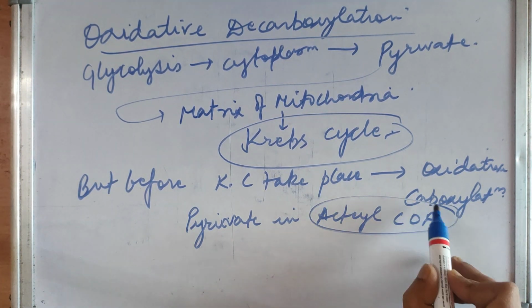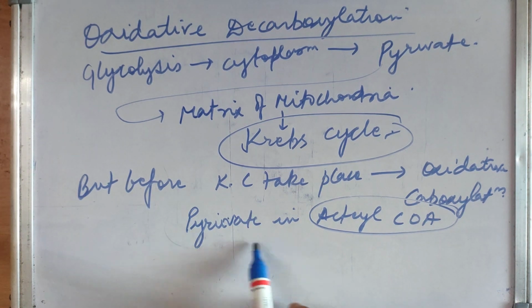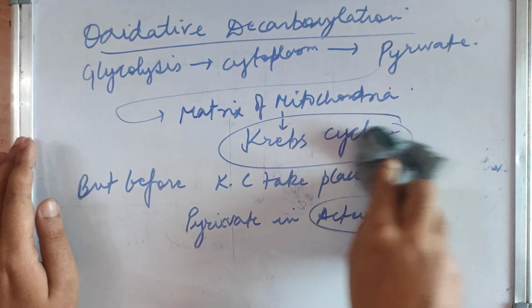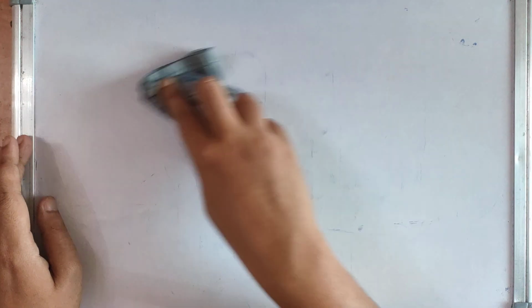We have used acetyl CoA and pyruvate in the Krebs cycle. How this pyruvate is converted to acetyl CoA is called oxidative decarboxylation, and we will discuss the steps of oxidative decarboxylation now.